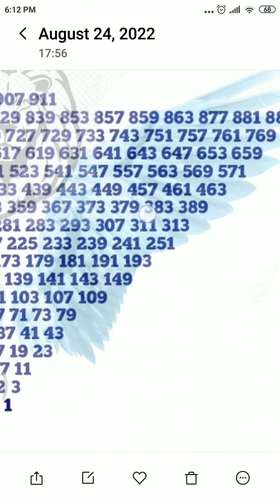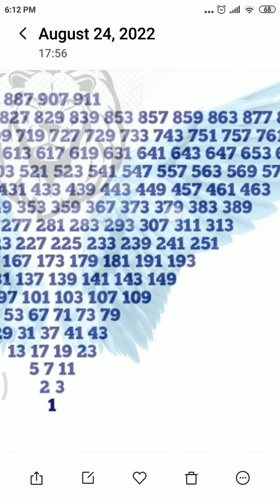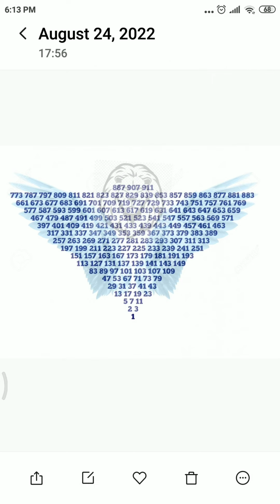From here to here we have 17 rows, and only 153 prime numbers can be accommodated in these rows. So 3 remain. Those 3 form the head of the lion, or you can say the capstone of the pyramid.